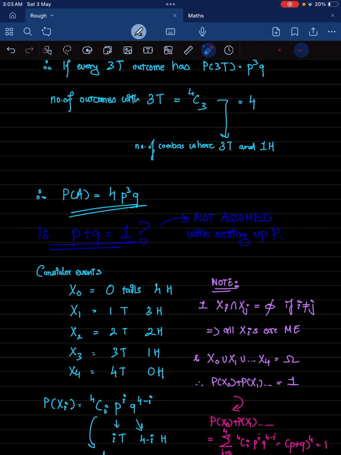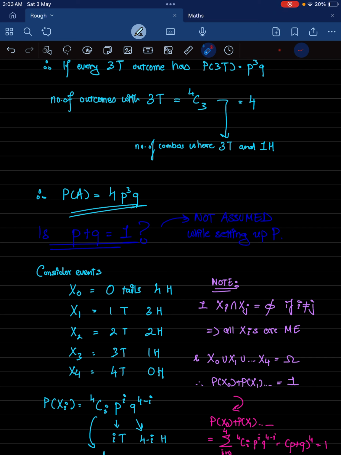Now consider these events. x0 is basically 0 tails 4 heads, x1 is 1 tail 3 heads, x2 is 2 tails 2 heads, and similarly going on. Now all these events, observe that they're all mutually exclusive. So you cannot have 0 tails and 1 tails in the same trial. That's just not possible.